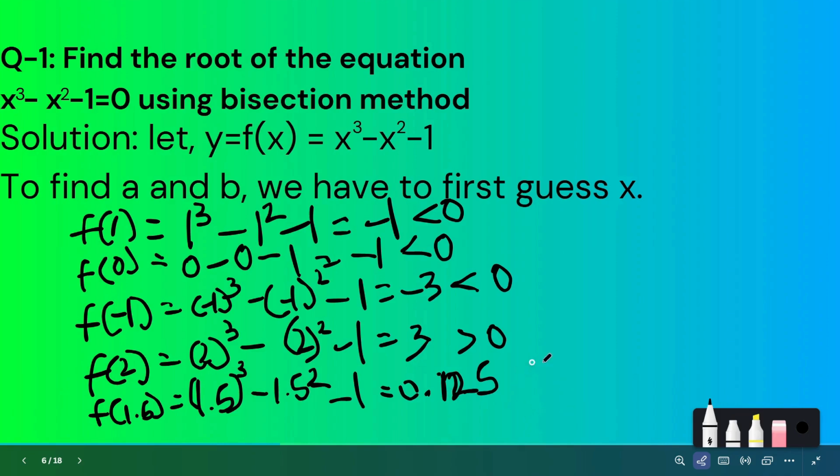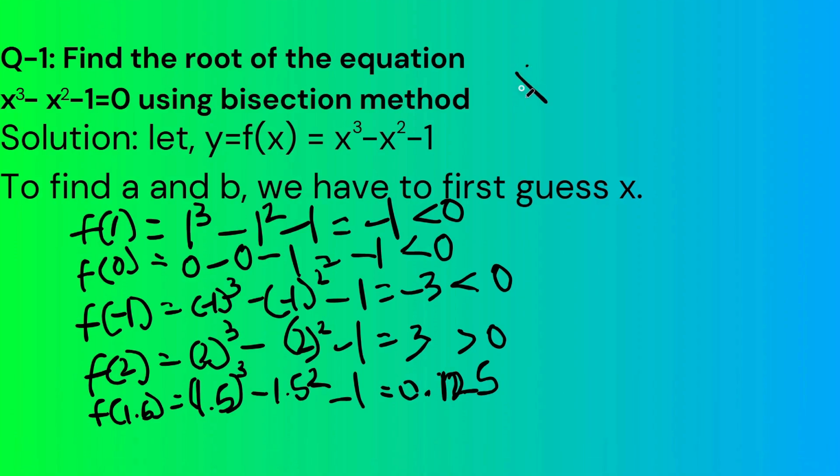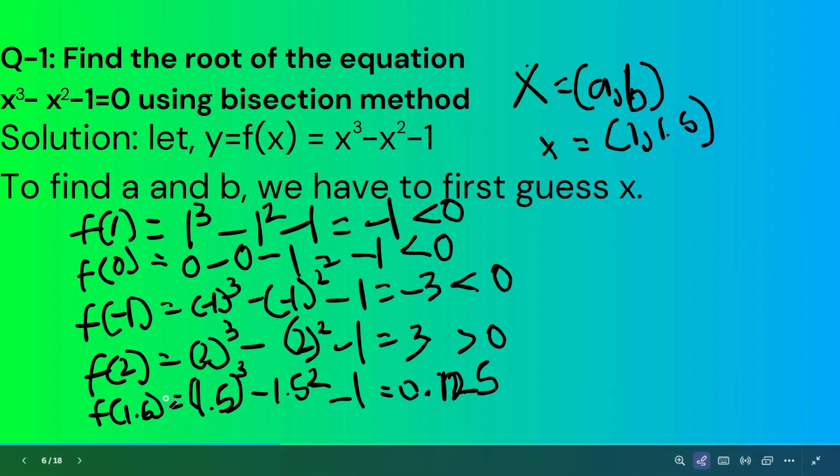So f(1) is negative and f(1.5) is positive, so the root lies between a and b, that is between 1 and 1.5. Very simple.